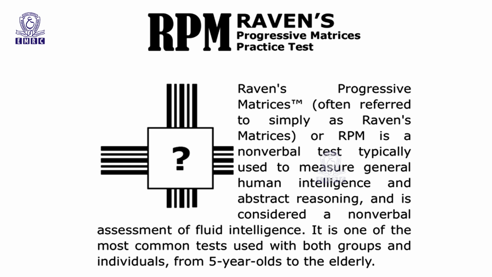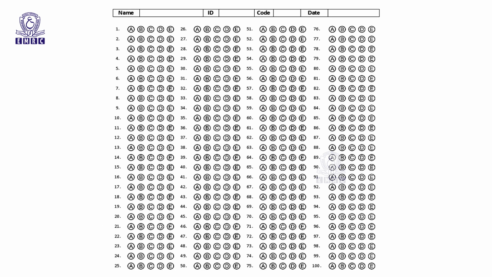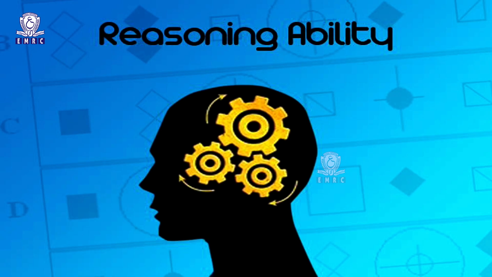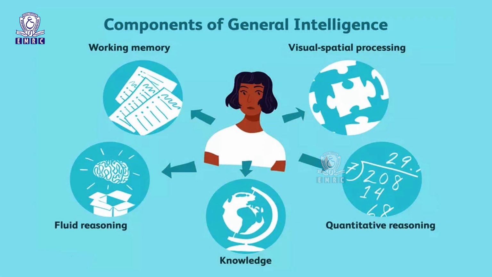It is one of the most common tests administered to both groups and individuals, ranging from 5-year-olds to the elderly. It comprises 60 multiple choice questions listed in order of increasing difficulty. This format is designed to measure the test taker's reasoning ability, the inductive meaning-making component of Spearman's g. g is often referred to as general intelligence.